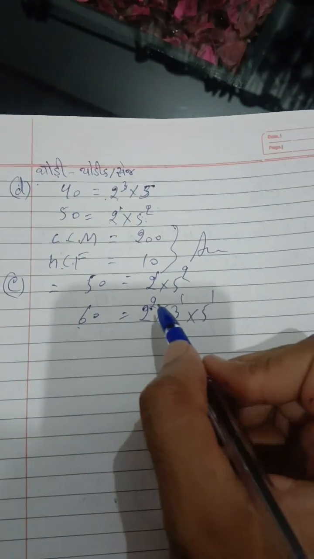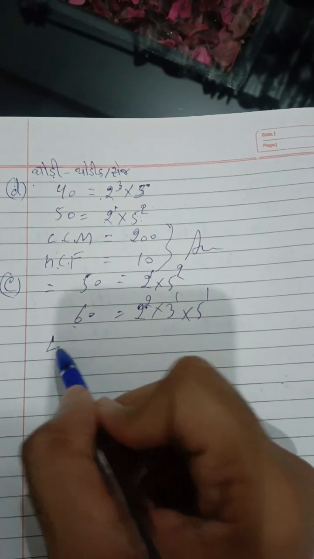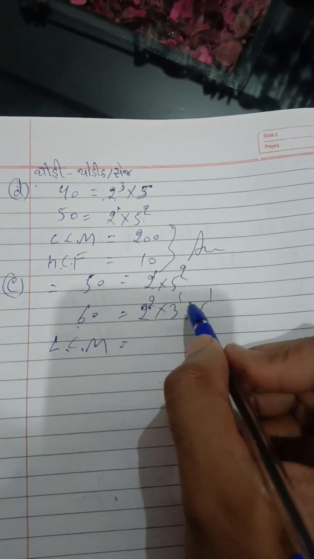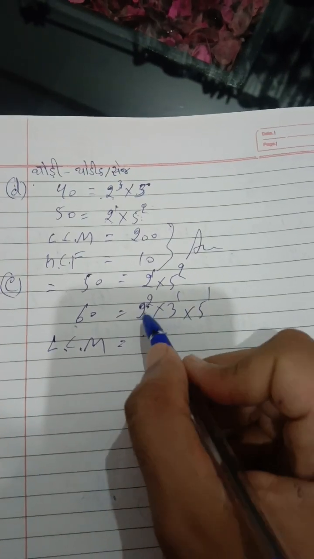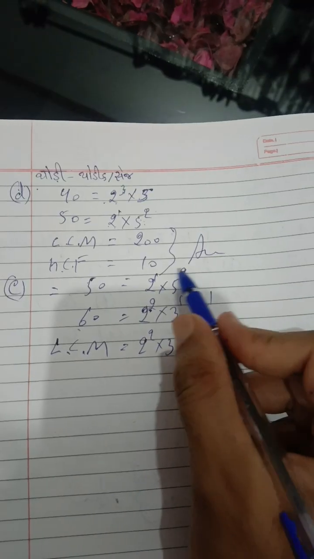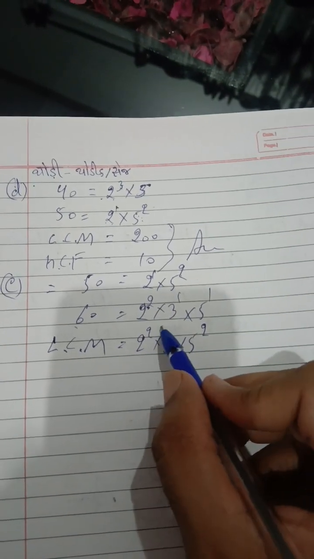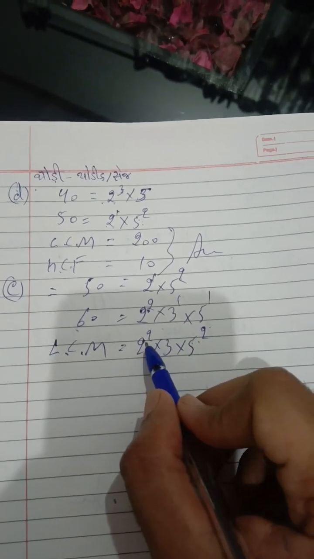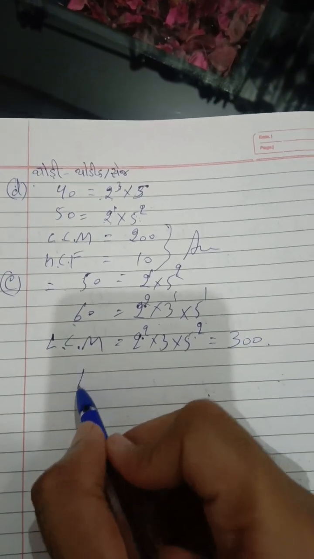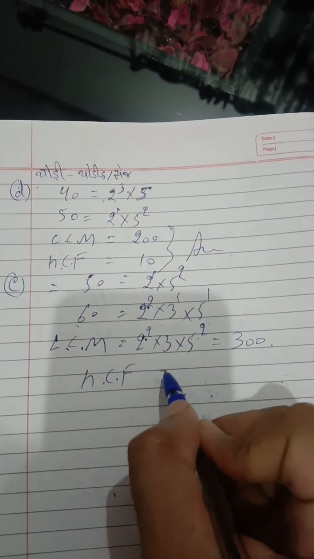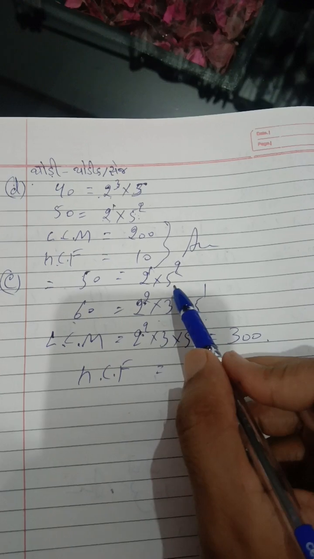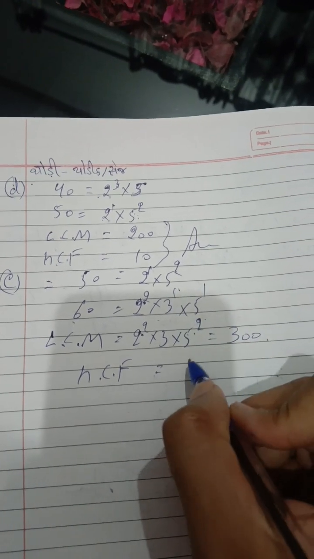Or simply we can find it out, it's not a big deal. So LCM is 2 square into 3 into 5 square, because the highest power of 2 is 2 square, 4, and 5 square is 25, 25 into 4, 100, 300. And HCF, in this case also, the lowest possible powers, 5 into 2, 10.